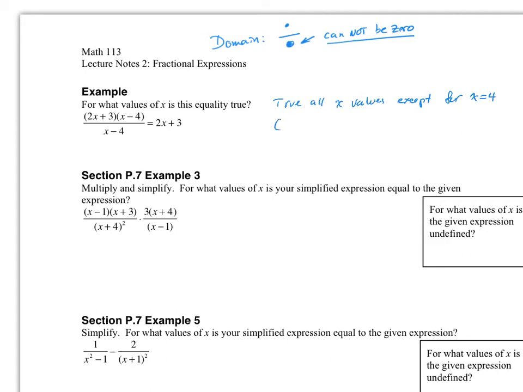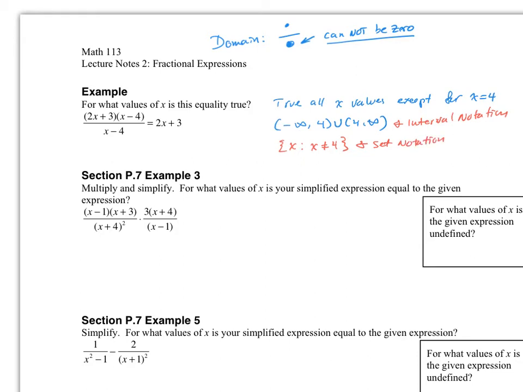Or in interval notation, you can say from minus infinity to 4, union 4 to infinity. So this is interval notation. And in set notation, it will be x such that x is not equal to 4. So this is set notation.